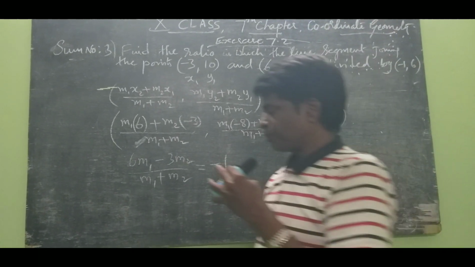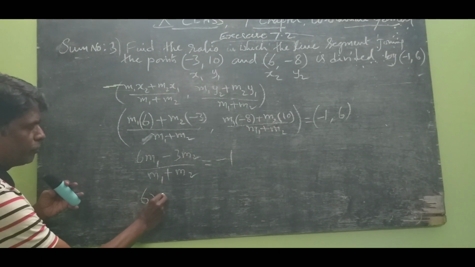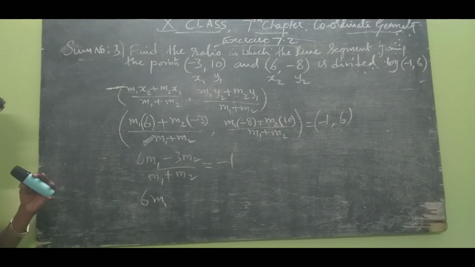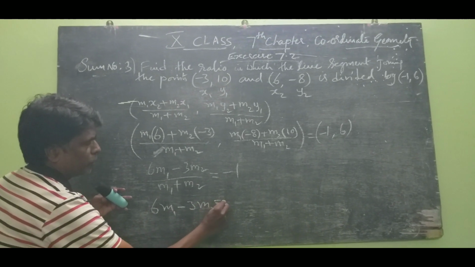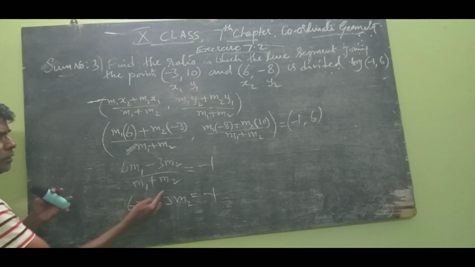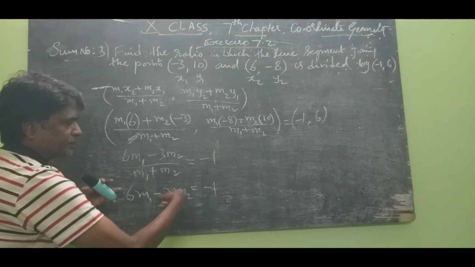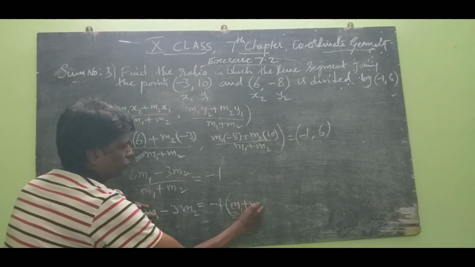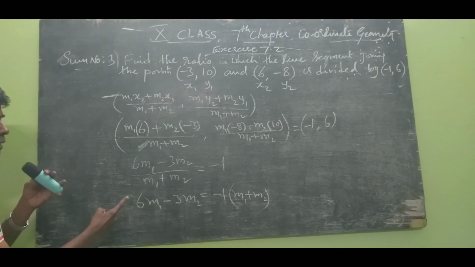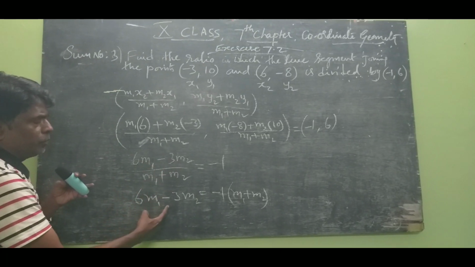So, the numerator 6m1 minus 3m2 is equal to -1. This denominator I am taking to the RHS, right side. That means m1 plus m2. What happened here? The numerator I took as 6m1 minus 3m2.